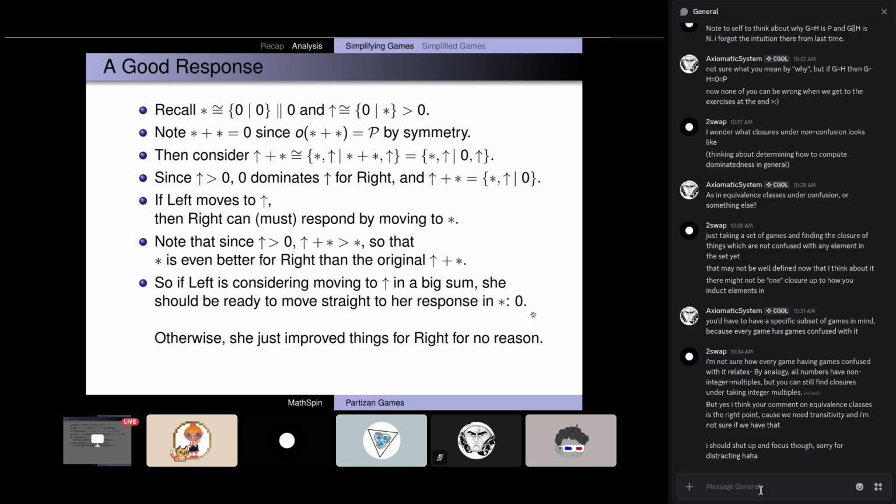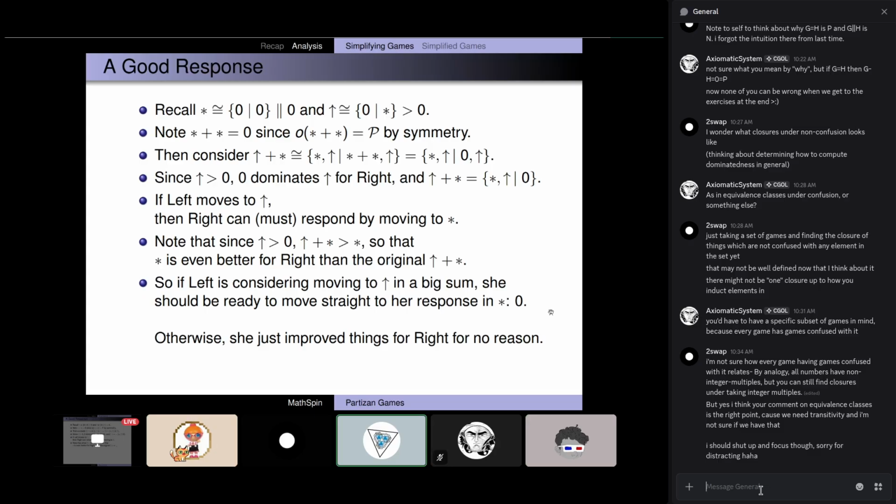Sure. So this is essentially why a false anticipation of a response from right in this case would lead you to a suboptimal move. Well, I wouldn't necessarily say suboptimal. Just, if you're going to allow right to move to something better than the current state, you better be ready for it. That's all I'm saying, really.